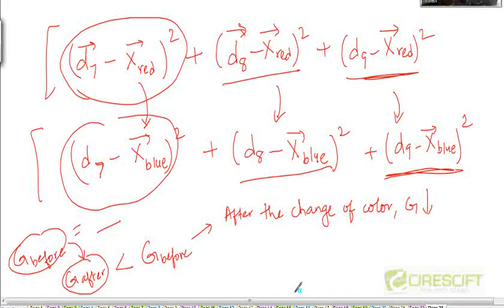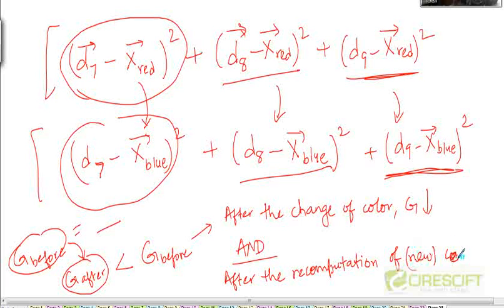That is, the points which change their color will contribute to the lowering of G. And after the recomputation of the centroid of the new centroids, G further goes down.